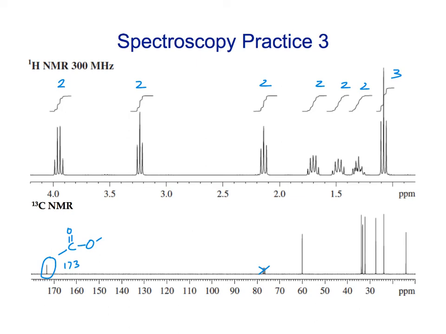So then, what else can we pick up? If we see this methyl group as a triplet, what does that have to have next to it? A CH2. Which of the CH2s do you think would be next to a methyl group?